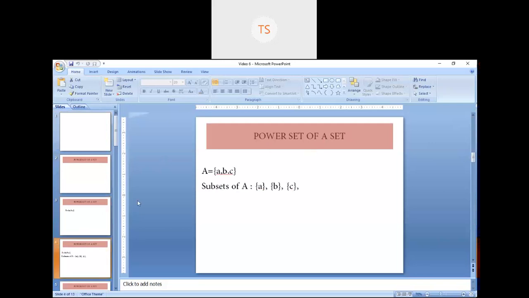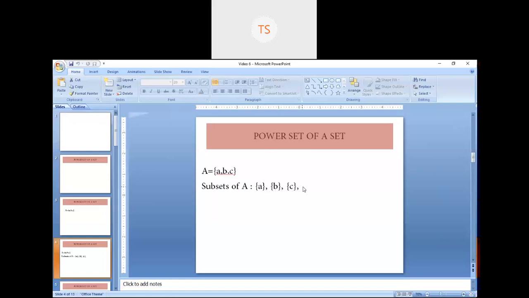Now the subsets of capital A are, first of all, you can choose only one element. That means small a is a subset of capital A, small b is a subset of capital A, and small c is a subset of capital A. Now these are the subsets containing only one element.